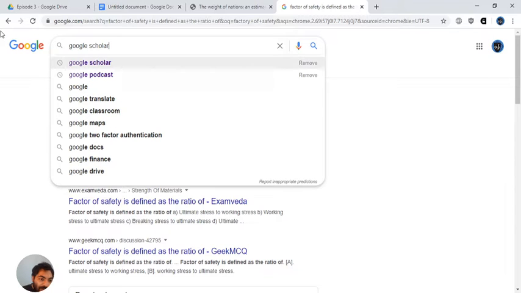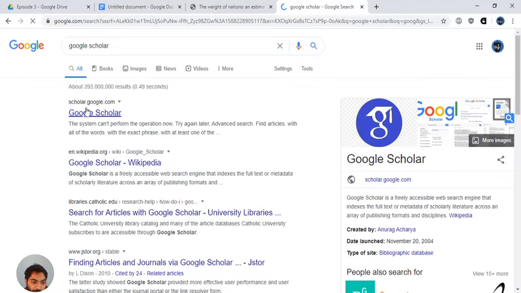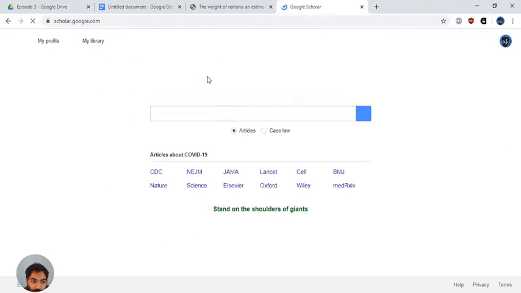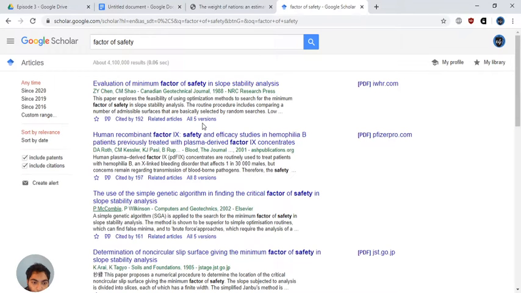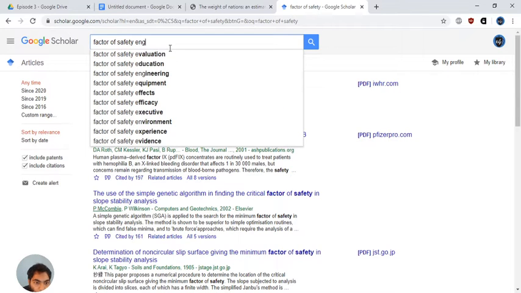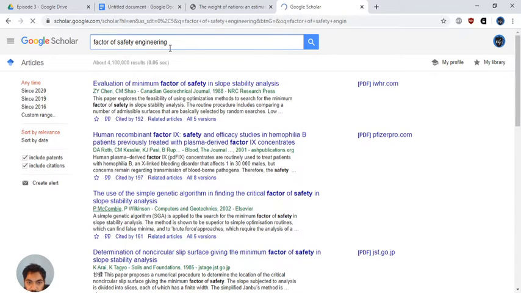Better yet, just go on Google Scholar and it will explain to you what factor of safety is. Factor of safety engineering.